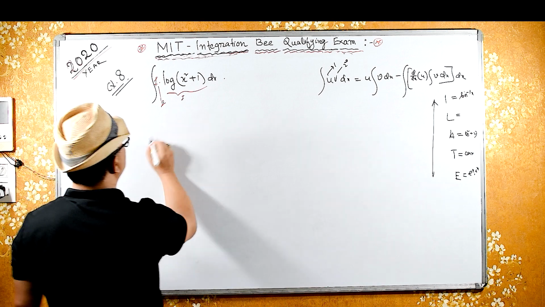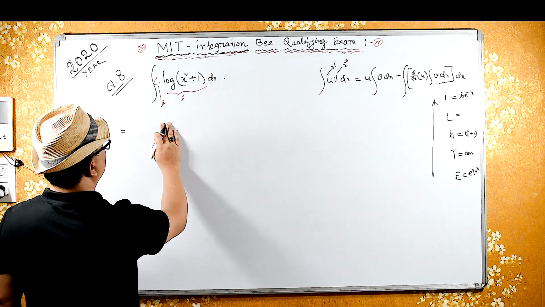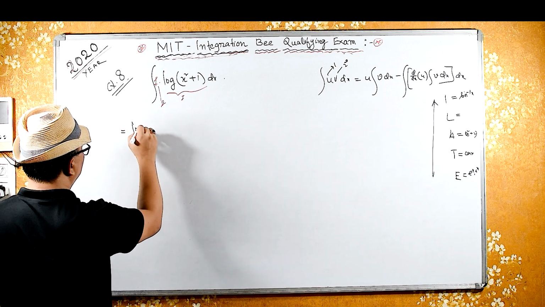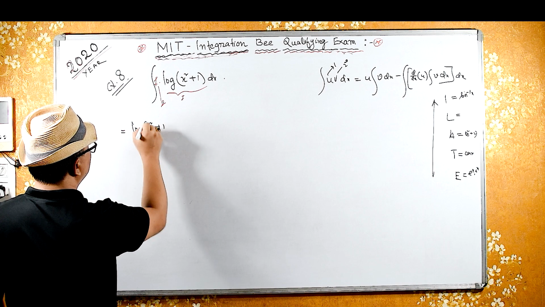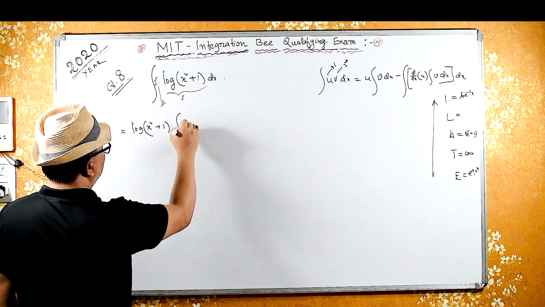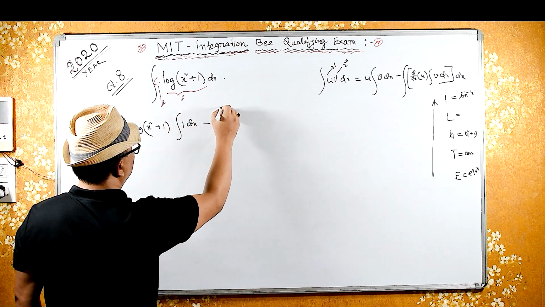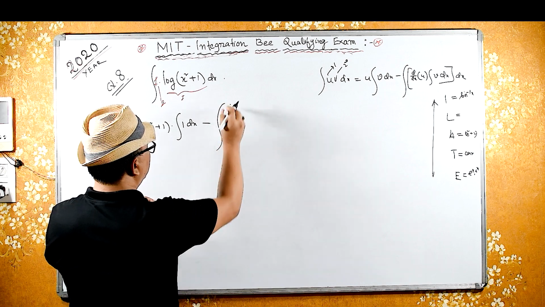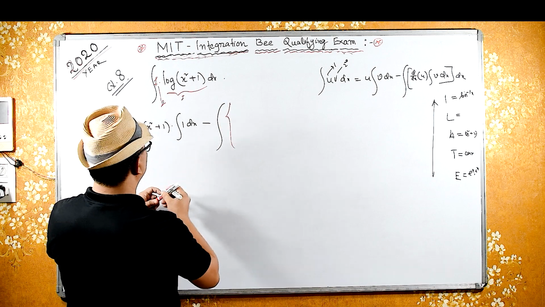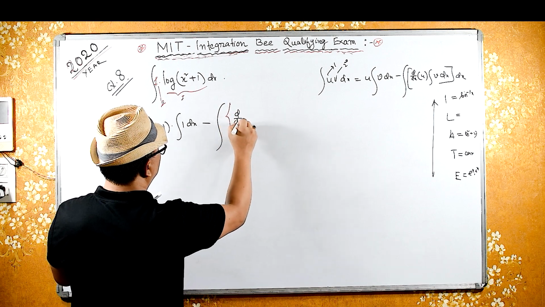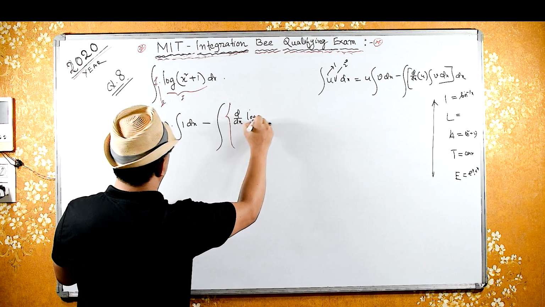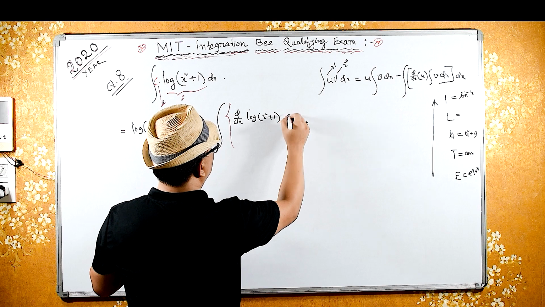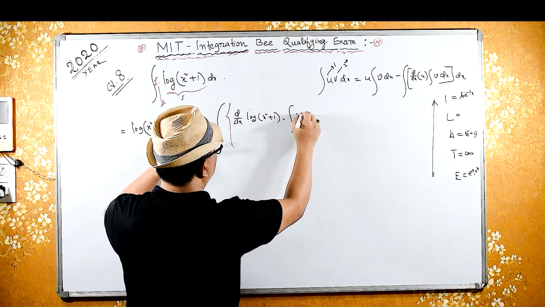This equals log of x square plus 1 integral of 1 dx minus integral of, I'll write down the first step, d by dx of log of x square plus 1 into integral 1 dx.